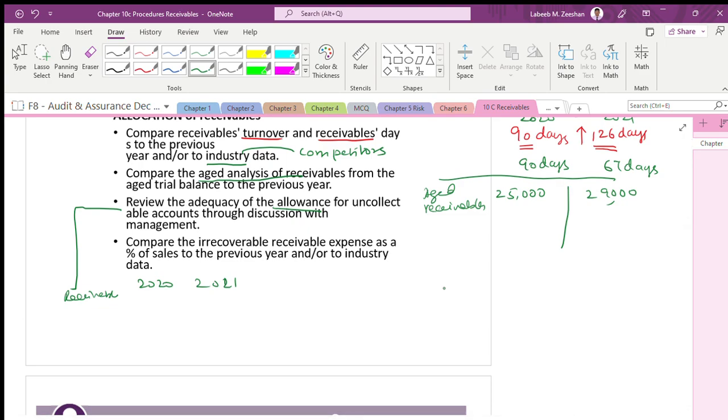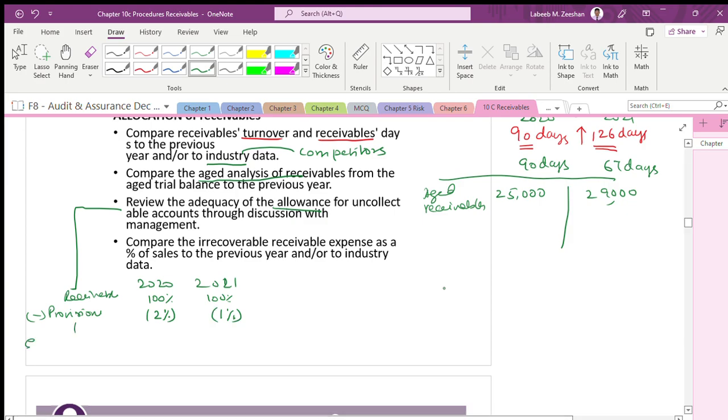Assume receivables are 100. Now you are making a provision for bad and doubtful debts. Last year you made a provision of 2%, very high. Now this year you have made a provision of only 1%.